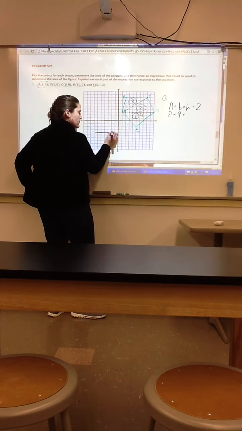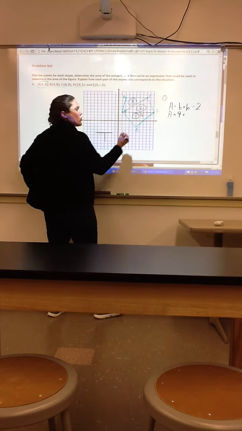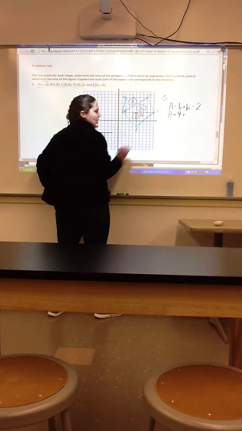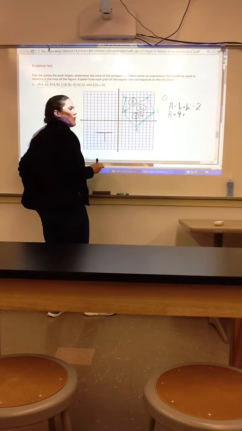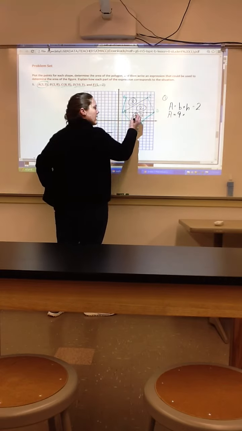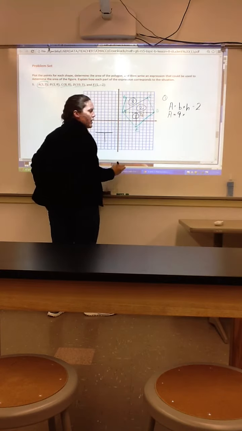My height needs to be perpendicular or at a 90-degree angle to my base. So it should look sort of like that. I want to find the highest point of my triangle and draw a line going straight down. If I count the distance of the line I just made, it is 1, 2, 3, 4, 5.